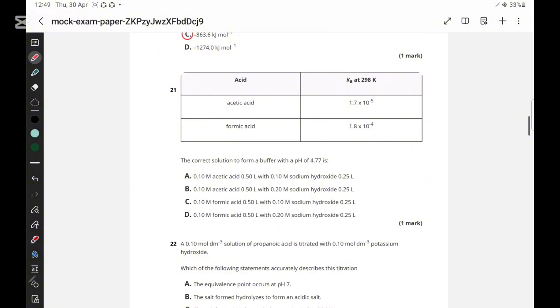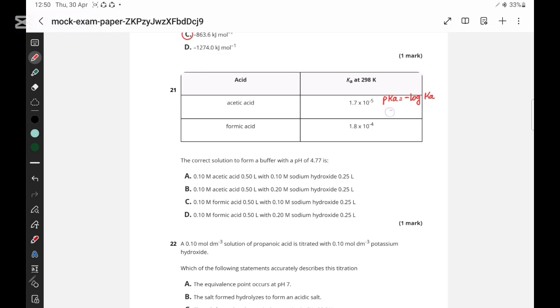For the next question, they have given us two acids along with their Ka values. They are saying the correct solution to form a buffer with a pH of 4.77 is. So first we have to find their pKa values. pKa is the negative log of Ka.